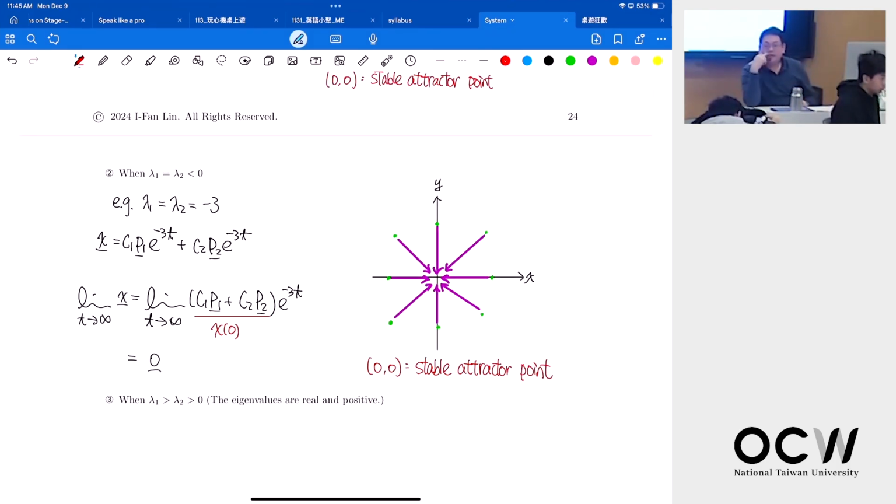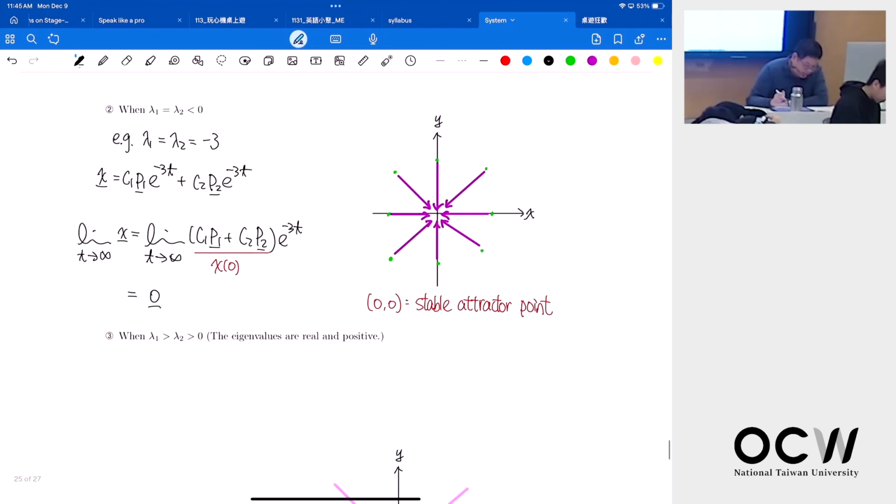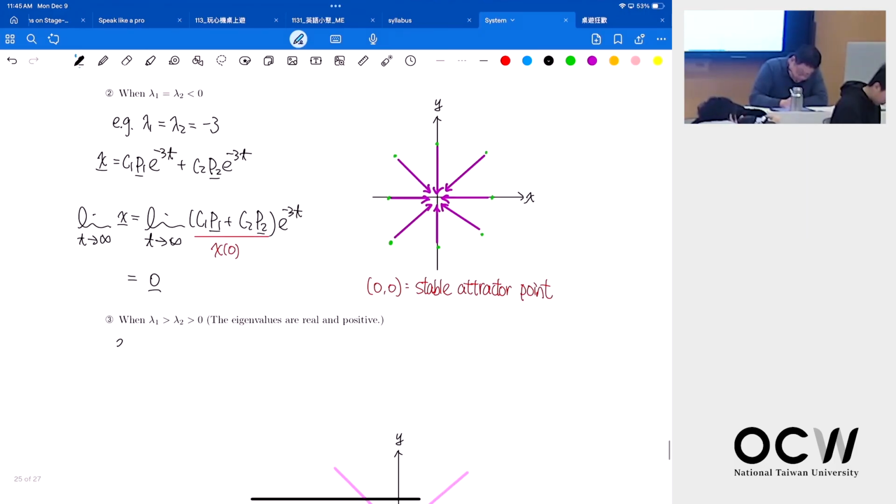All right. What if the eigenvalues are greater than 0? You have exponentials like e to the 5t, e to the 10t. Then you expect the trajectory will finally go to infinity. So here, if eigenvalues are real, positive and distinct, we still use 5 and 3 as an example.